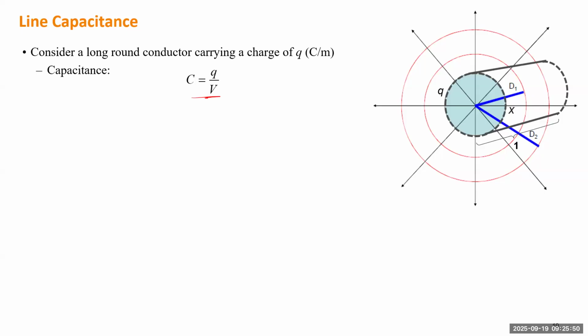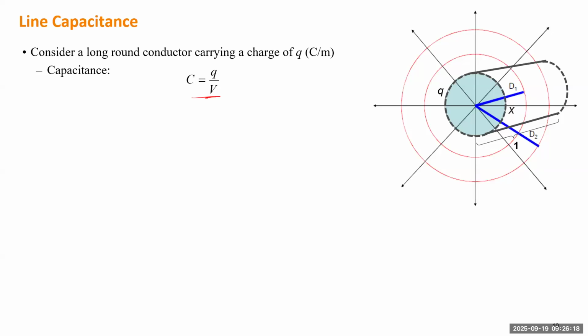The magnetic field can exist inside of a conductor, even magnetic material, but the electric field cannot stay inside of the conductor. So that makes the derivation of the capacitance for a transmission line simpler than the inductance, because we don't need to consider the flux density inside of the conductor. We only study outside.